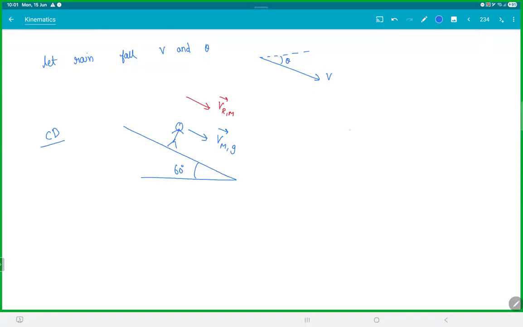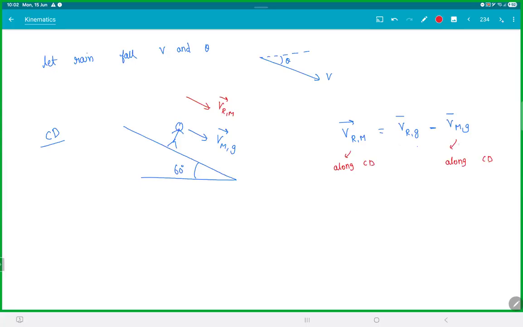And now just look at that vector thing. If you take velocity of rain with respect to man, which is velocity of rain with respect to ground minus velocity of man with respect to ground, you're saying this vector is along CD, and you're saying this vector is also along CD. If two parallel vectors are added, then the third vector will also be parallel, right?